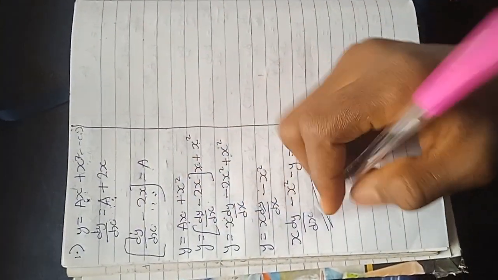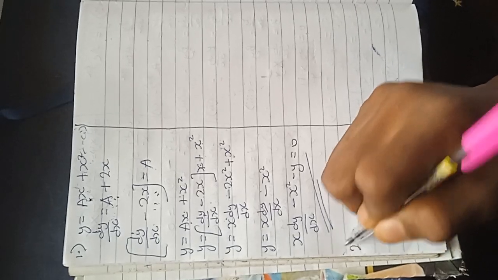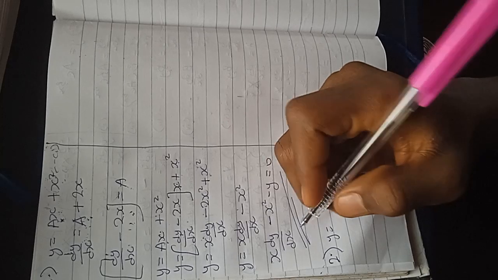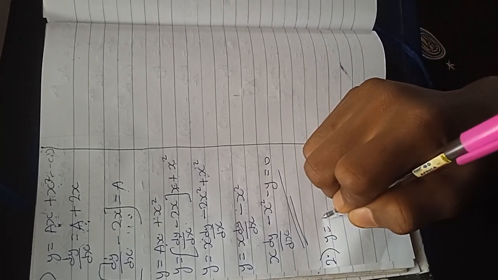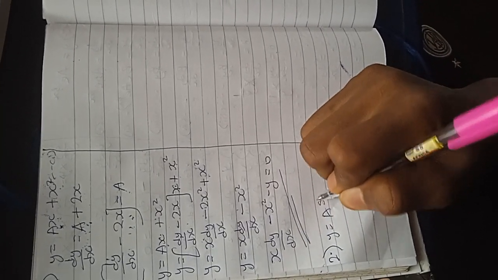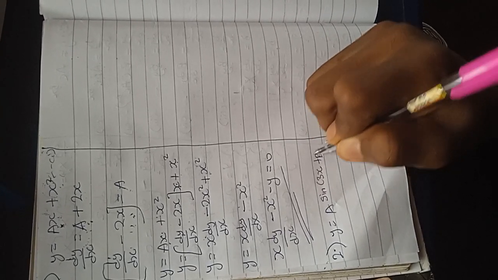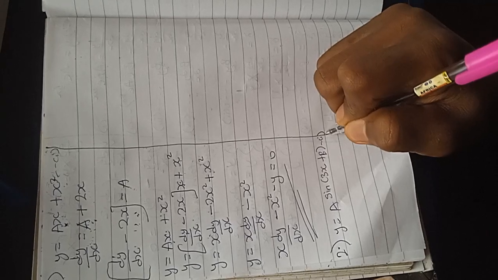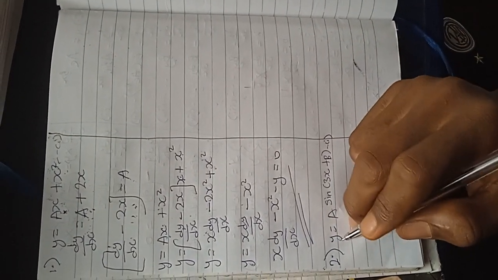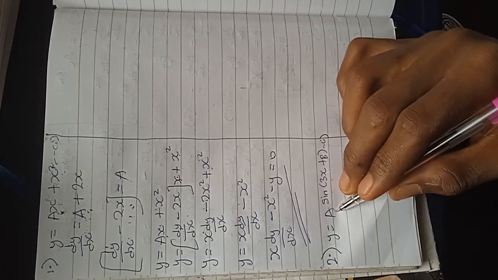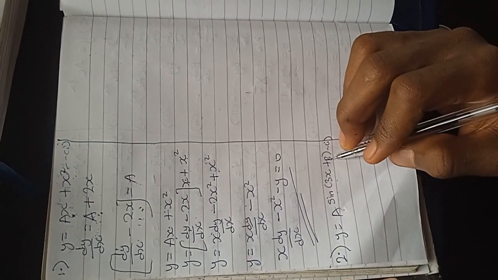Now, let's move over to example number 2. Going to example 2, y is equals to a sine 3x plus b. To differentiate this, we have to differentiate twice, because we have two constants, which are a and b.